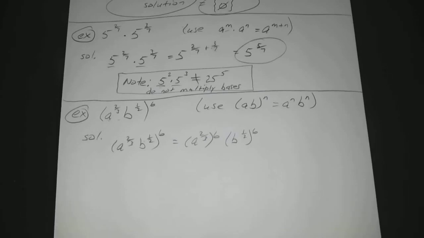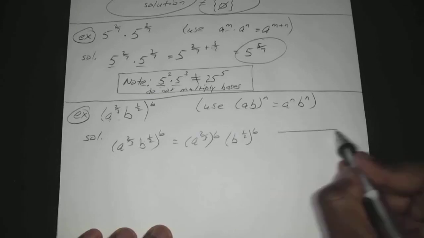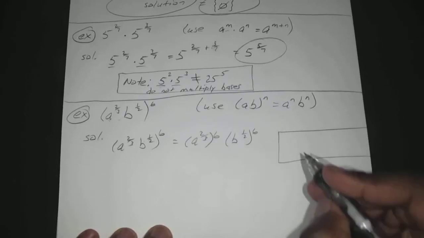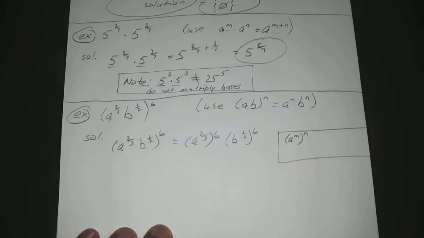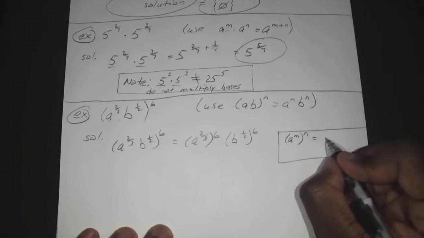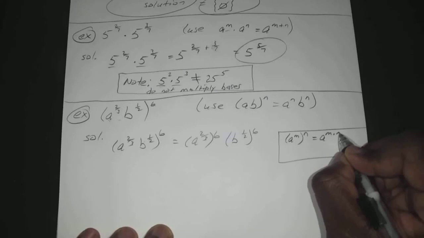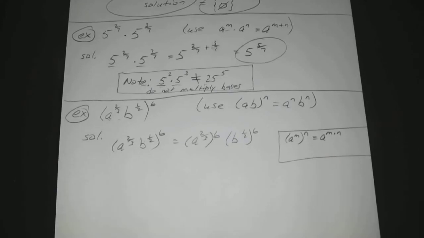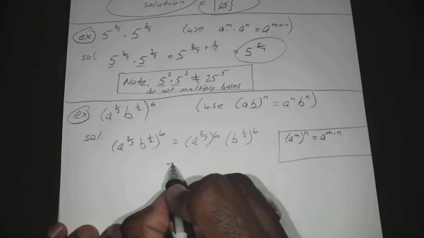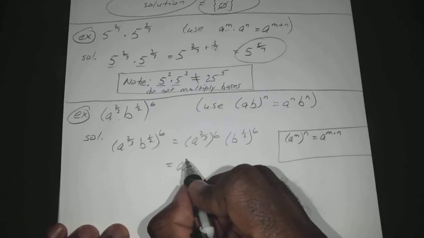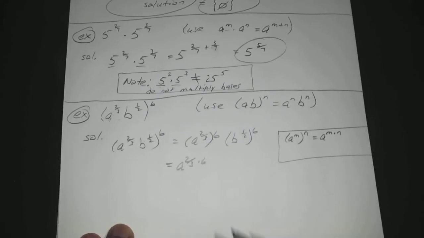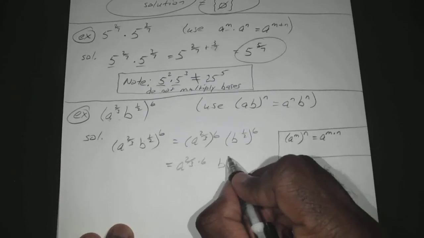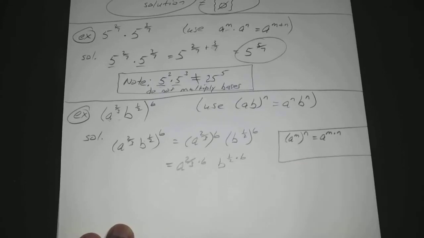Which neatly sets us up for our other exponent rule: a to the m power, raised to the nth power, is just a to the m times n. So this becomes a to the 2/3 times 6 times b to the 1/2 times 6.